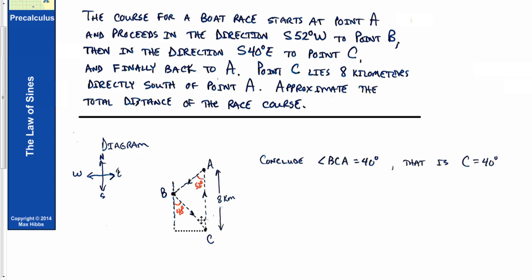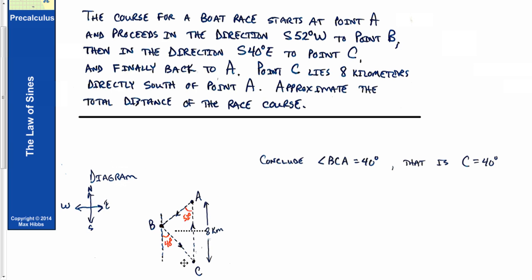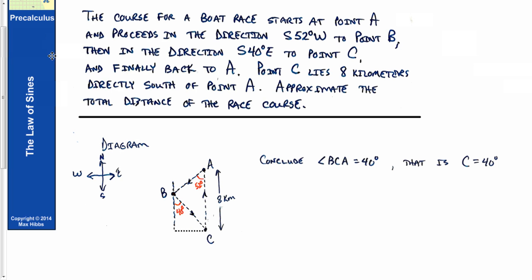But if this angle is 50 and this angle is a right angle, then I know this angle is 40. That's how I made the decision that angle C is 40. Remember, angle C is this angle. I just put that extra piece in there so we can think about it.